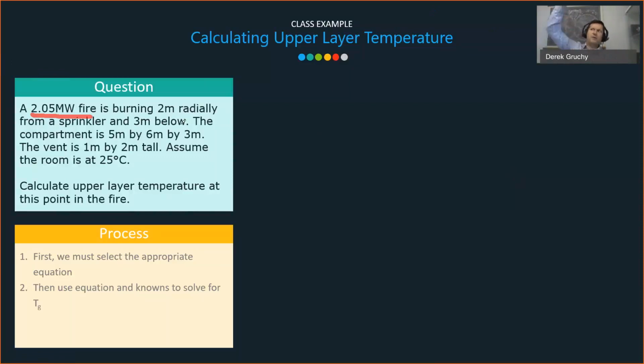And then it's 3 meters above that, the sprinkler. Okay, so we've got the fire, and then 3 meters up and 2 meters over. Okay, so that's where our sprinkler is going to be.